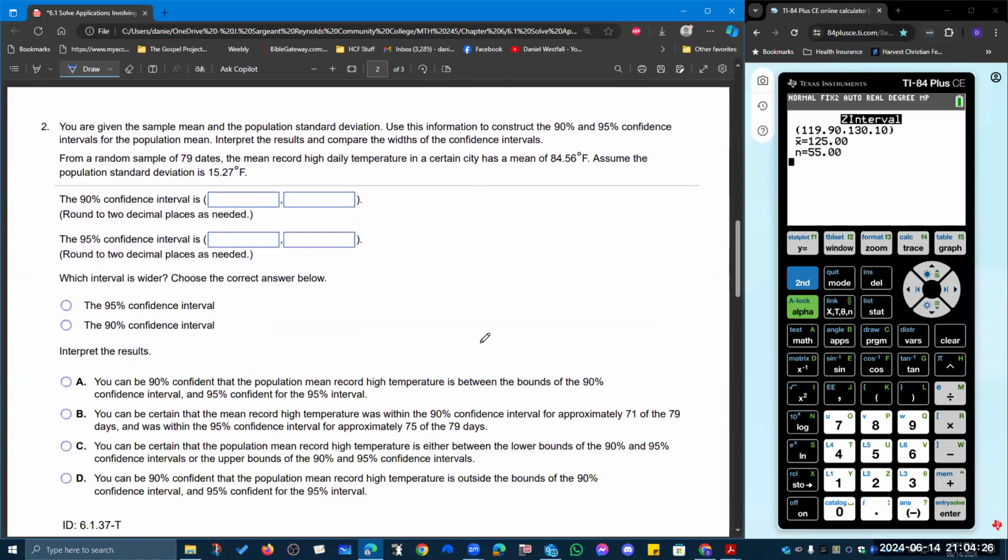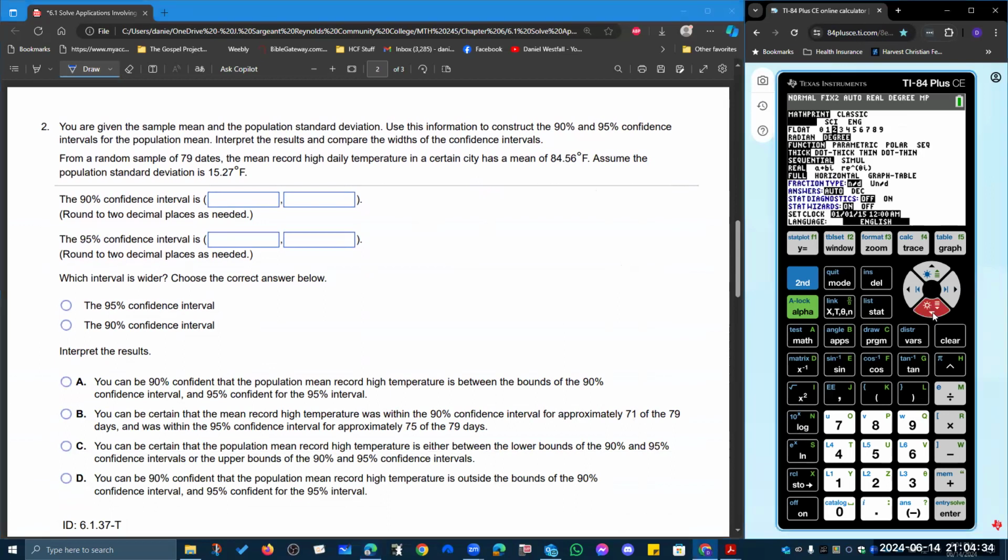Number 2, you're given the sample mean and population standard deviation and want to construct a 90% and 95% confidence interval again. Let's get this back into float. Actually, they're telling us to go to 2 decimal places, so let's just leave it at 2 for now.